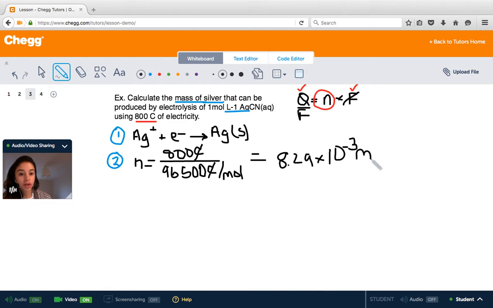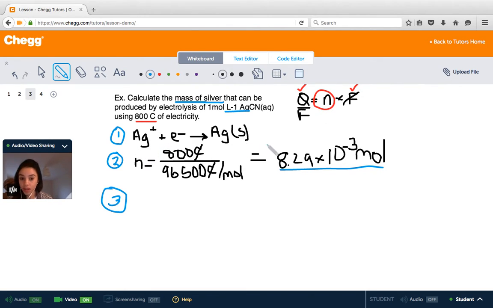Alright, so we have our moles, but that doesn't give us our mass, does it? Okay, fine. That just means we're not done yet. So how do we proceed? Well, remember that this is the moles of the silver atom, sorry. That's the moles of the silver. So how many silver atoms did we have?